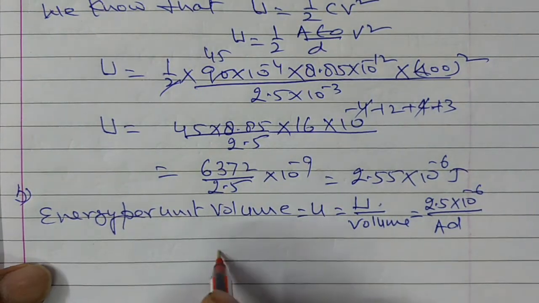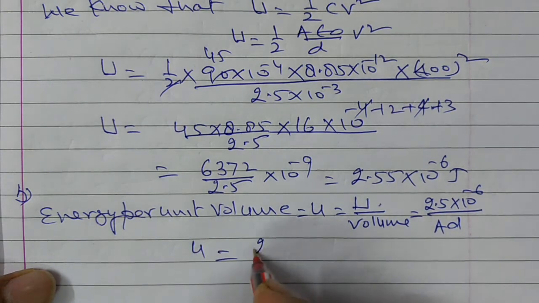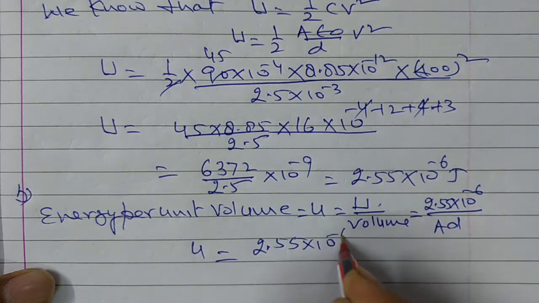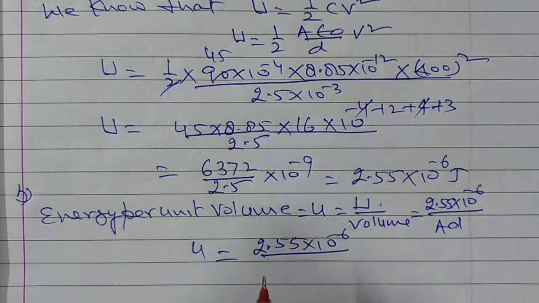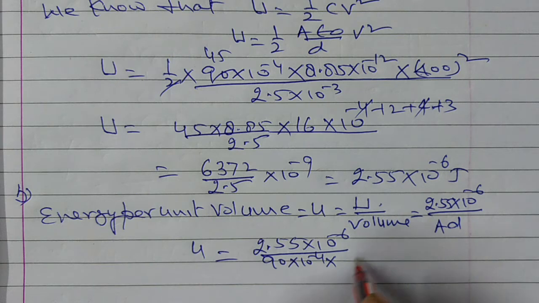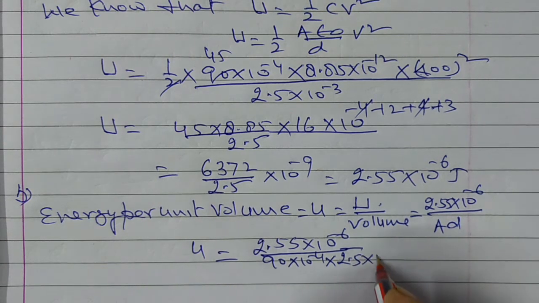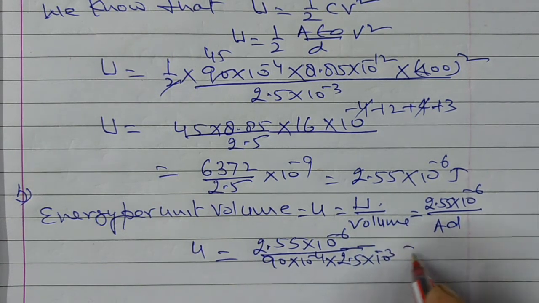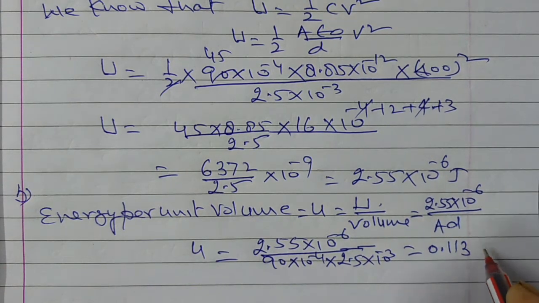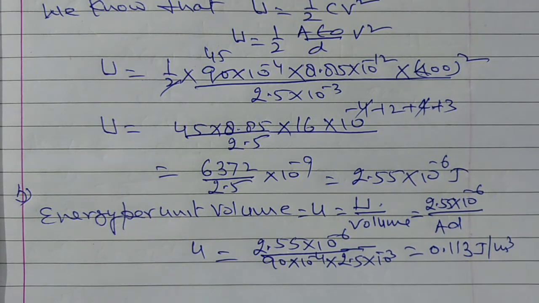So this is 2.55 into 10 to the power minus 6, and area is 90 into 10 to the power minus 4, into the separation 2.5 into 10 to the power minus 3 meter, and on solving this is equal to 0.113 joule per meter cube. This is the energy density, right? Parallel plate capacitor की energy density.